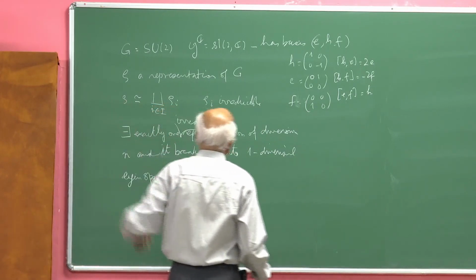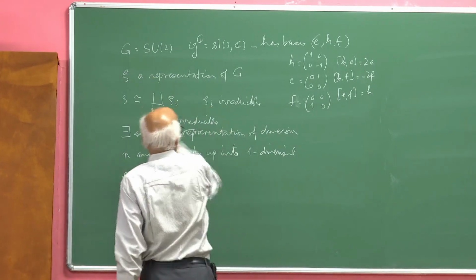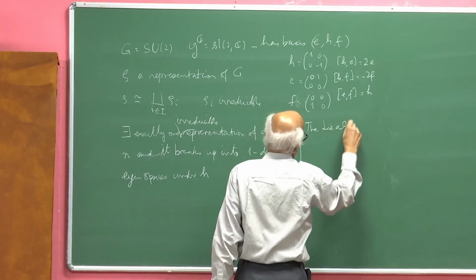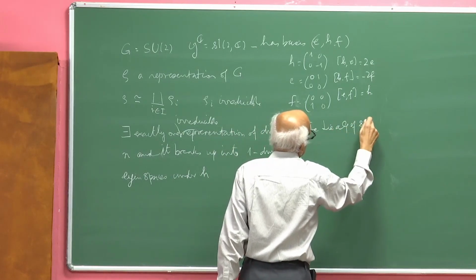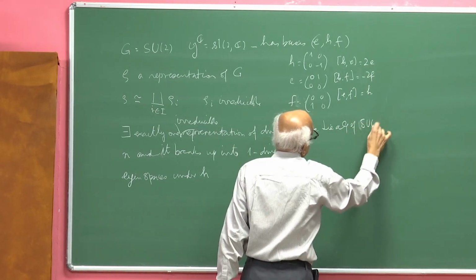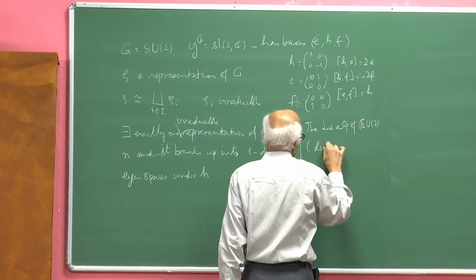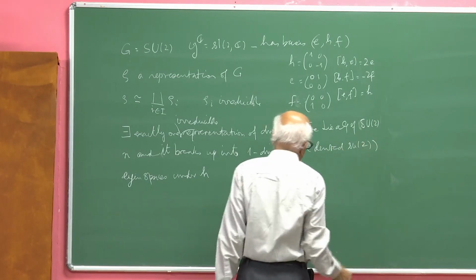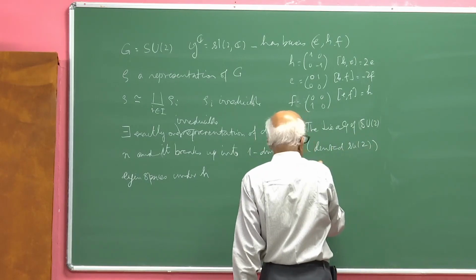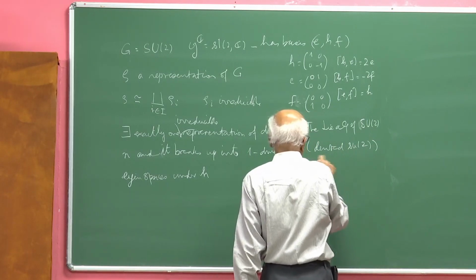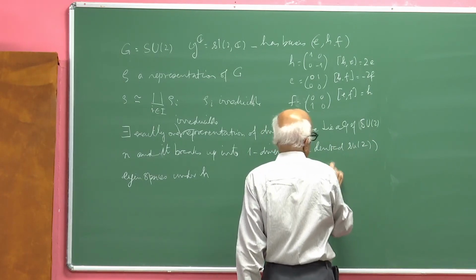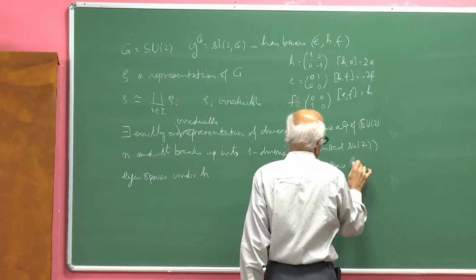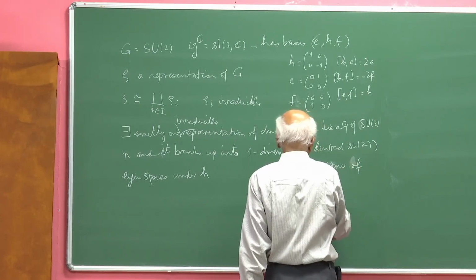The Lie algebra of SU2 is easily seen to be the space of skew Hermitian matrices.